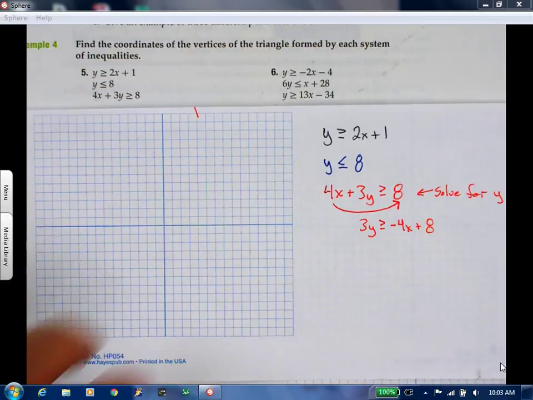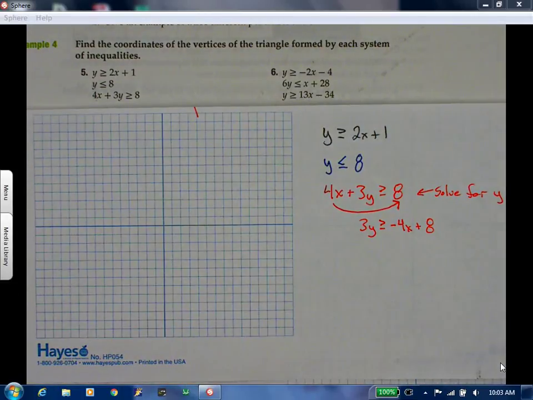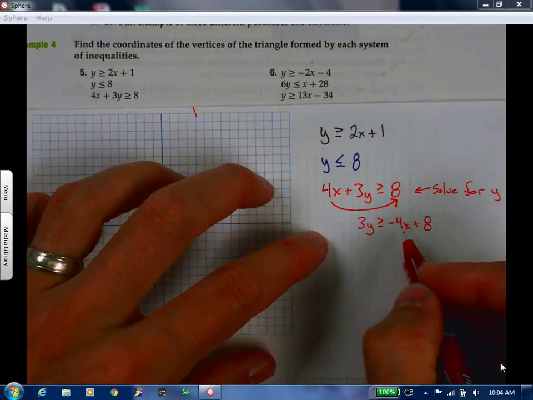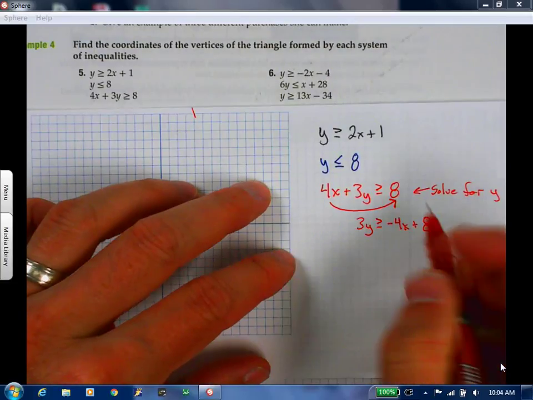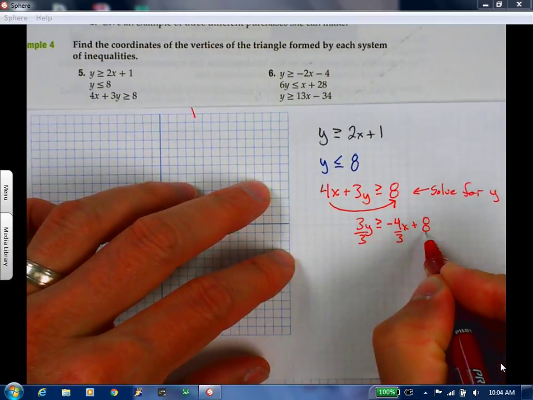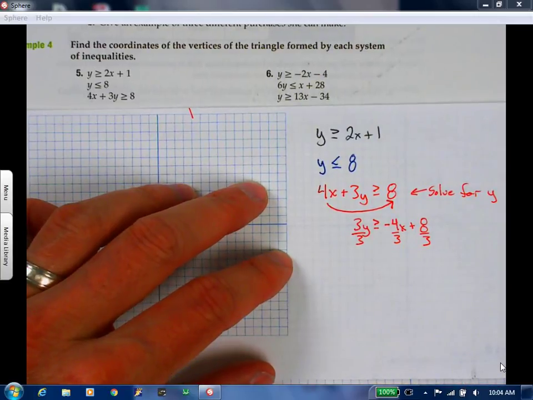That's okay. One more step. Divide by what? Divide by 3. Just the 4 or just the 8? Good. And then we all hear a groan because like, 3 doesn't go into any of those.